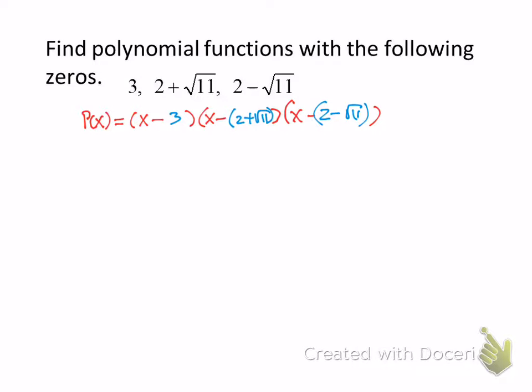Why in parentheses? Because I have a negative in the front and I have to take care of that negative in the front. I have all my pieces in there, okay? So first thing I'm going to do is distribute that negative sign. And I'm going to get x minus 2 minus rad 11. And x minus 2 plus rad 11.